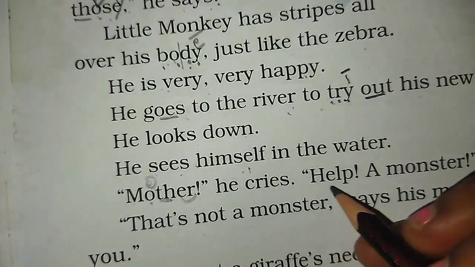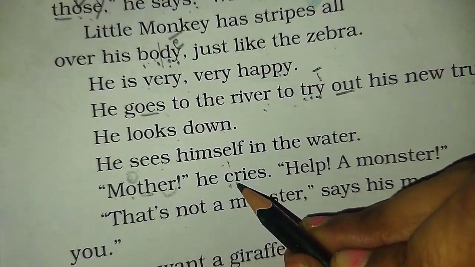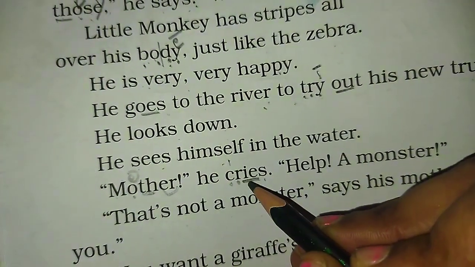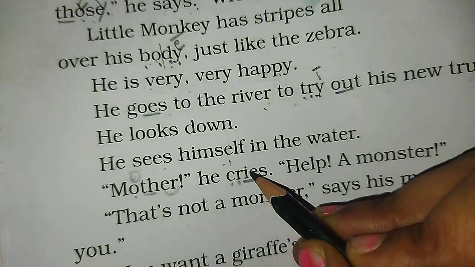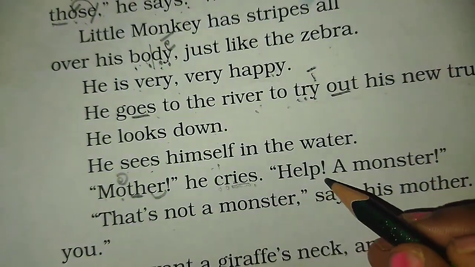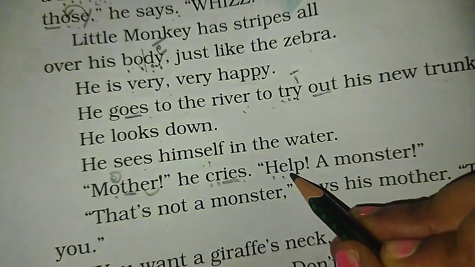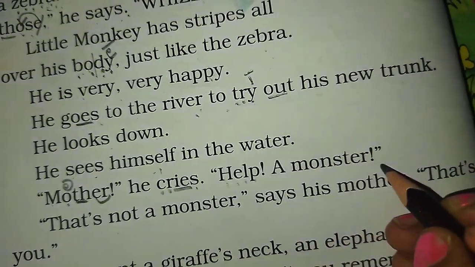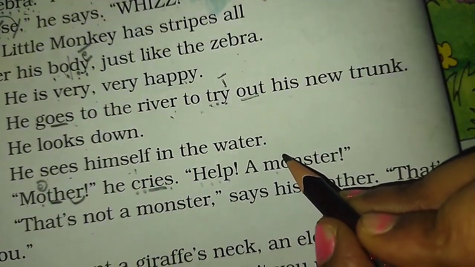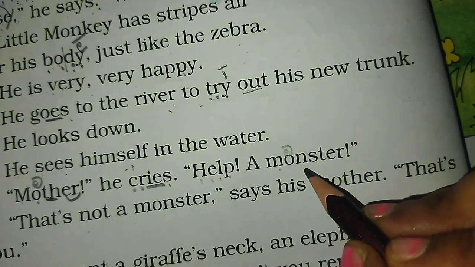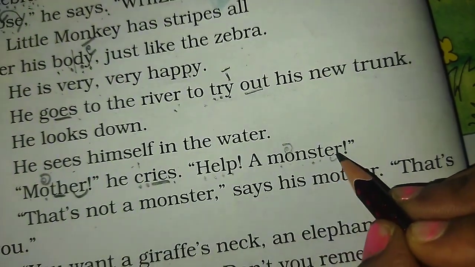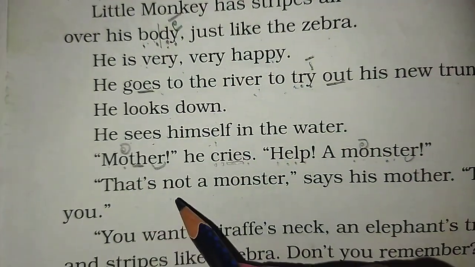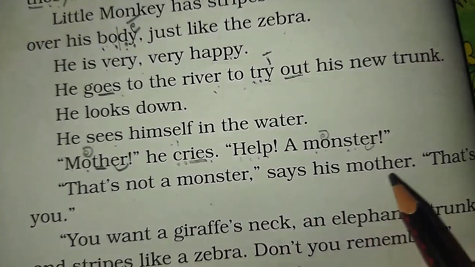He cries. Eyes. I is saying the I sound. Help. A monster. Here O is telling the lazy sound. Monster.